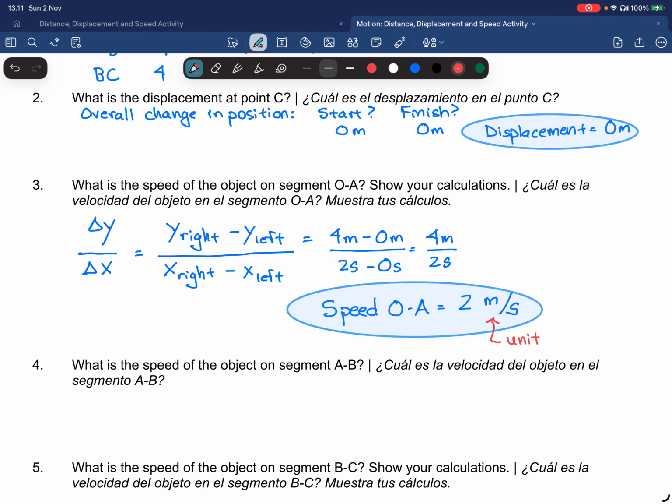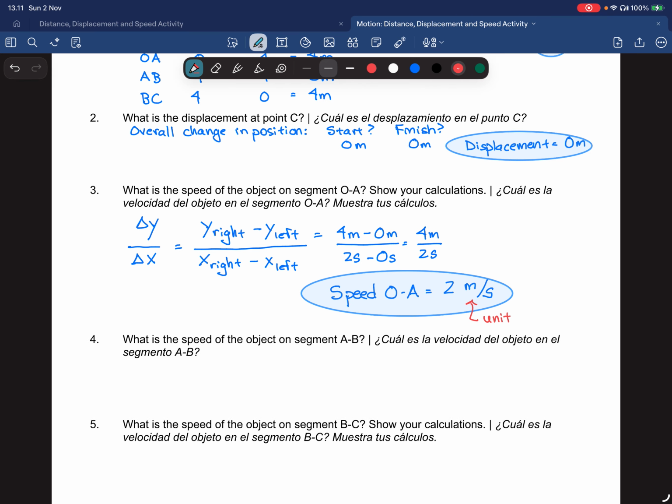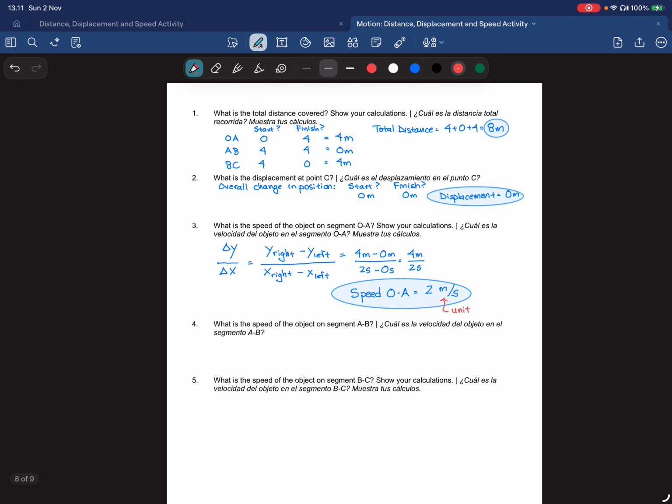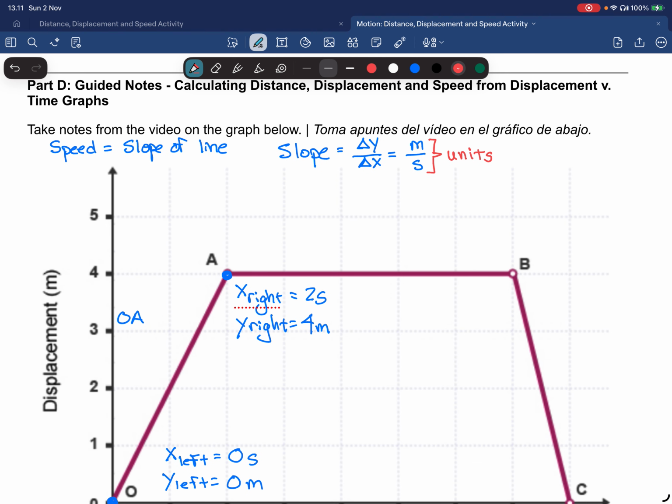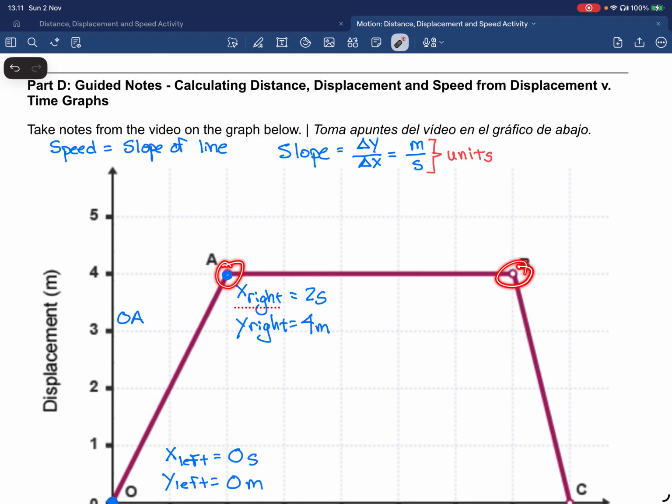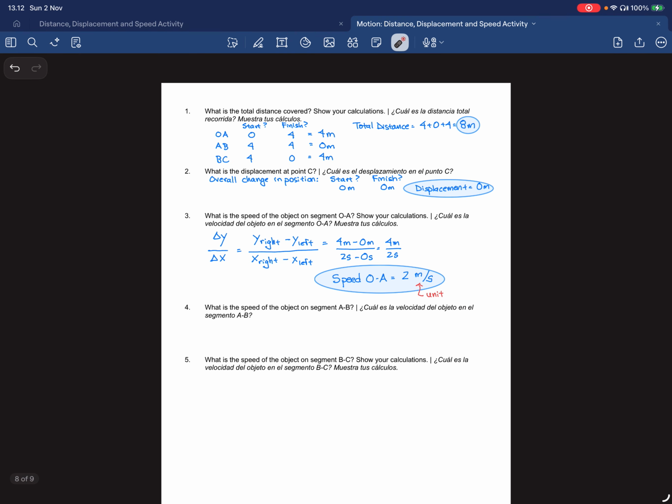Next, what is the speed on segment AB? Well, basically, you can do it the same way. You can do x left, y left, x right, y right, or you can simply say it started at 4, it ended at 4, there was no motion at all.